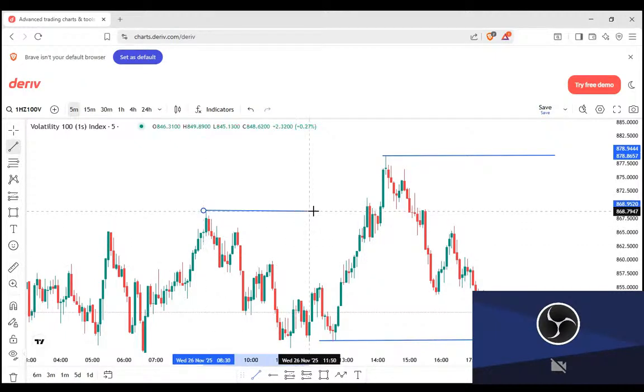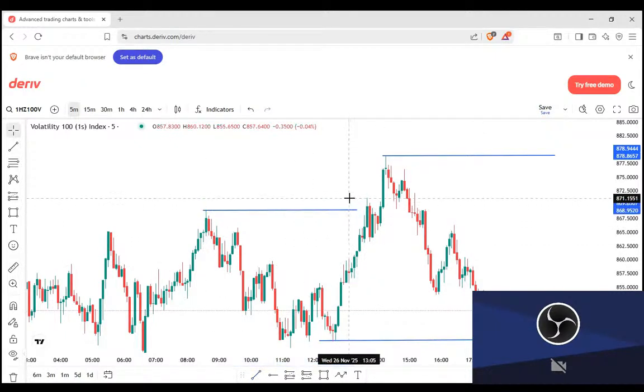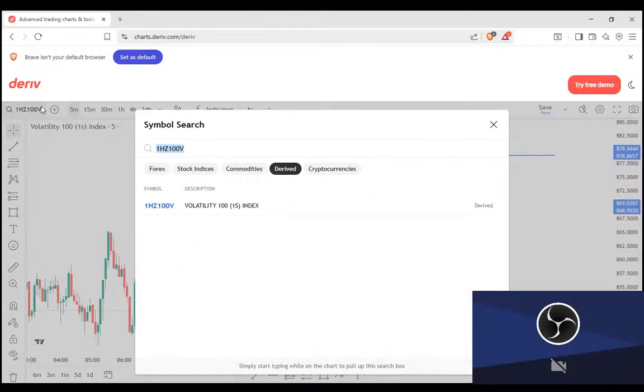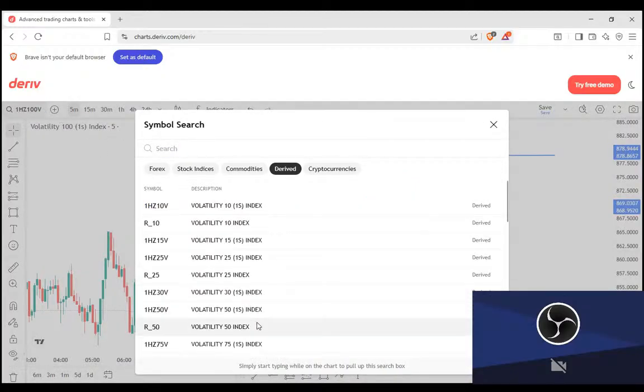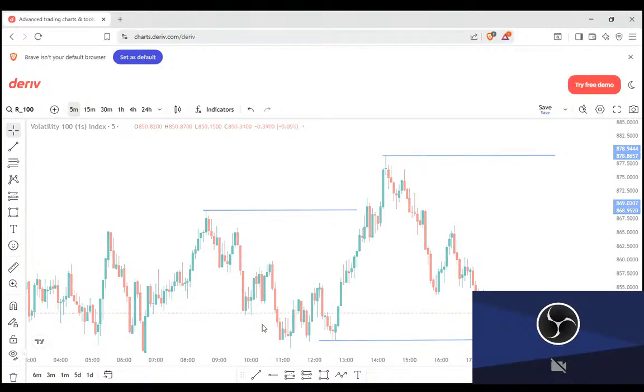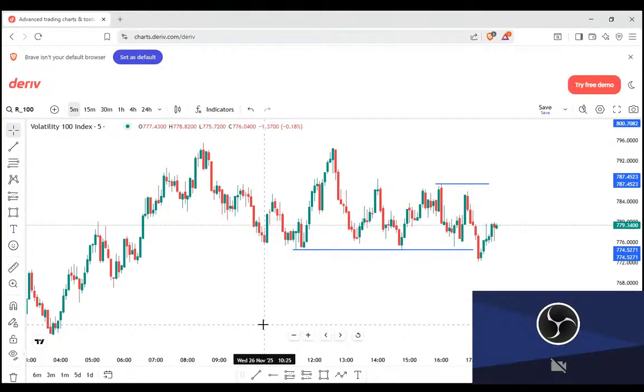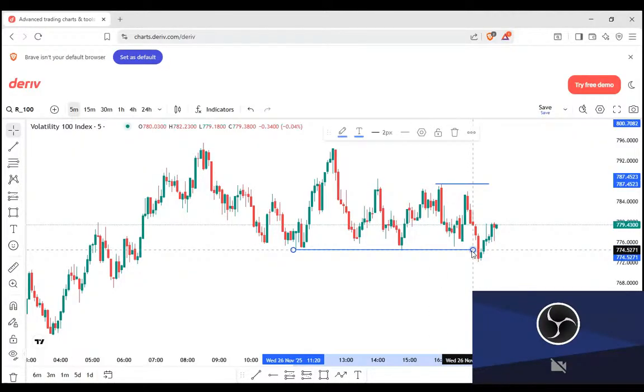So we have to be very patient for price to come to our key zone before we start to execute a trade. Price came here, gave us a breakout here and started going up.